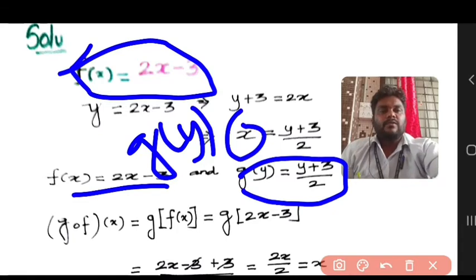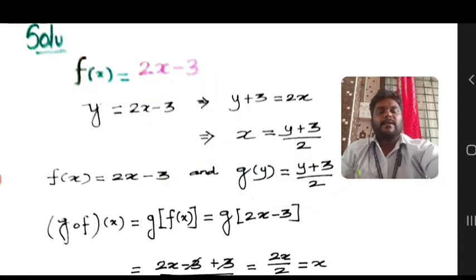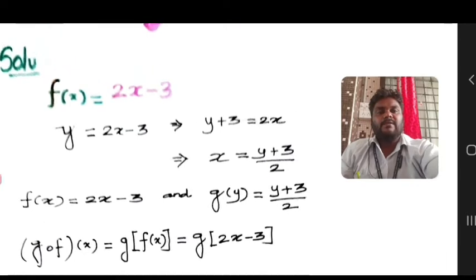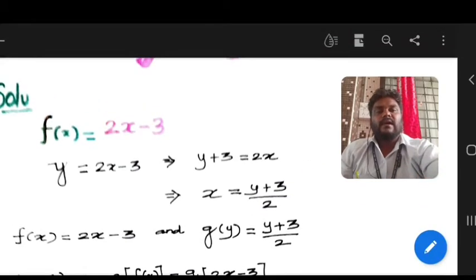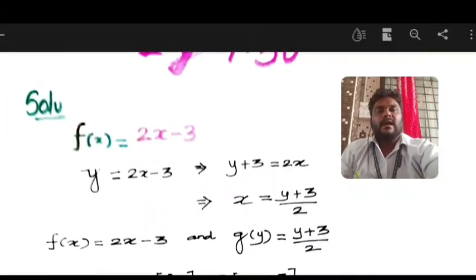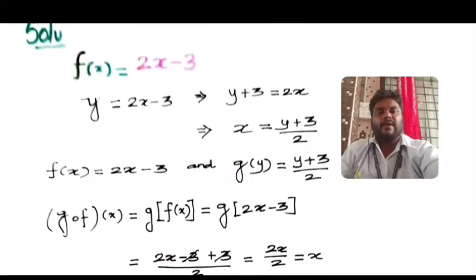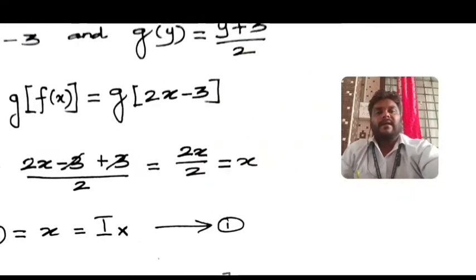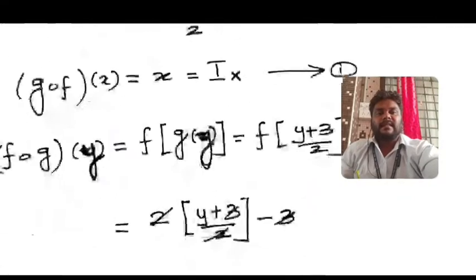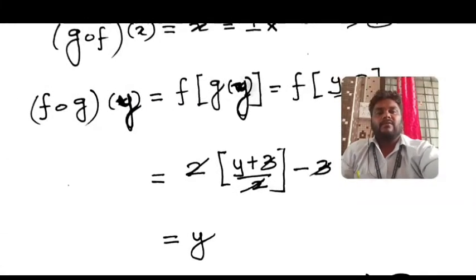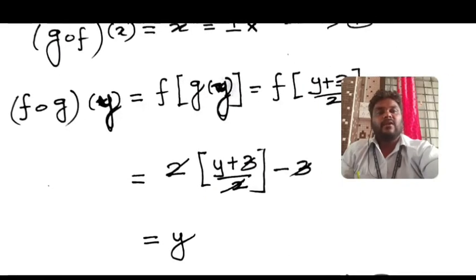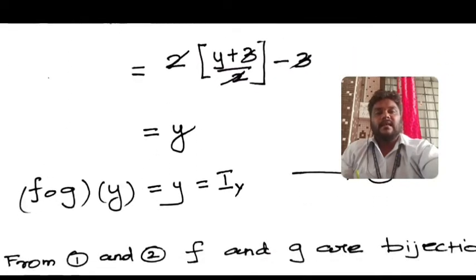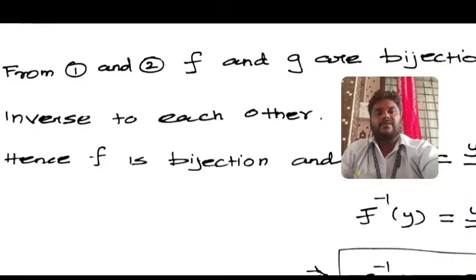Next, how to prove that it's a bijection, meaning inverse? We find f composite g and g composite f. We get the identity function of x for g composite f, and for f composite g of y we get the identity function of y. Then it's an inverse, it's a bijection function.